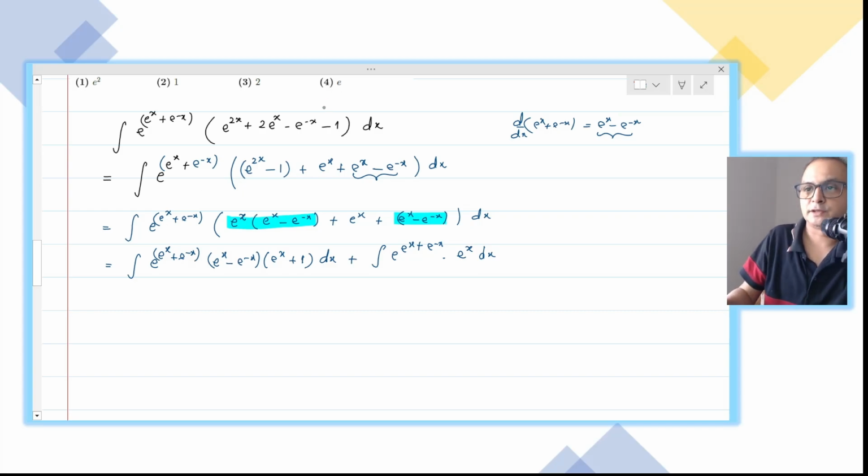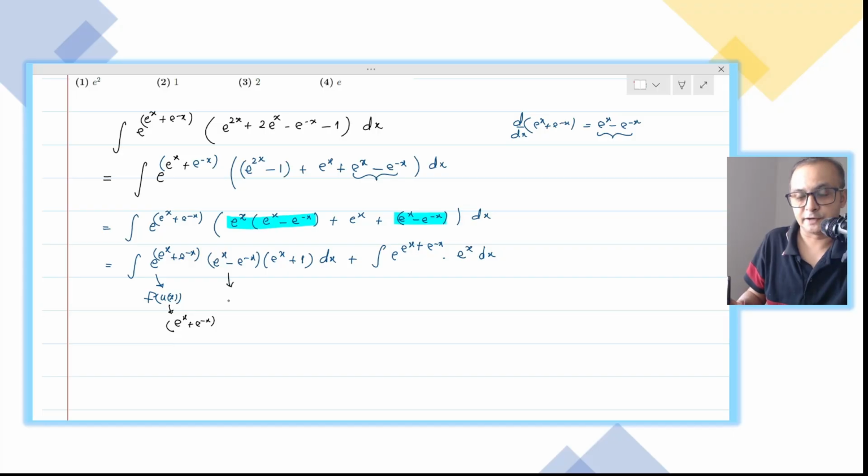Why? Because I'm saying that this is our f of u(x), where u(x) I have e to the power x plus e to the power minus x. This guy is our derivative of u(x), that is u dash x, by the way. And this I'm talking about the g(x).